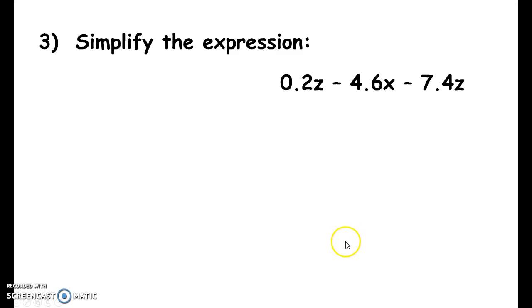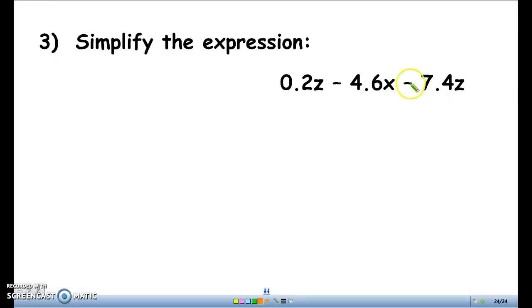Simplify this expression. This is number 3. Let's see here. I guess I moved this to the end because it's pretty easy to do. This is a like term with this one here. So we're going to take 0.2z and subtract 7.4z.